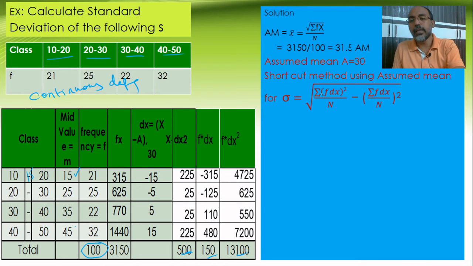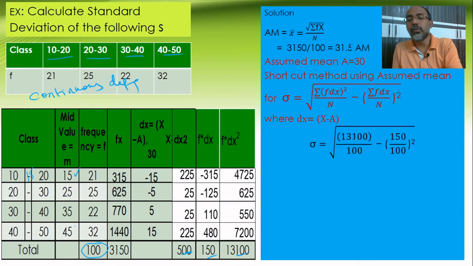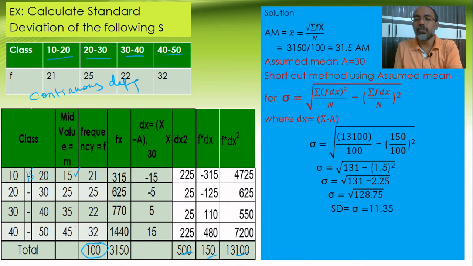Then you substitute the values in the formula in this way. Then it is reduced like this. It is simplified further. So finally, under root, 128.75 is calculated, and you will get 11.35.